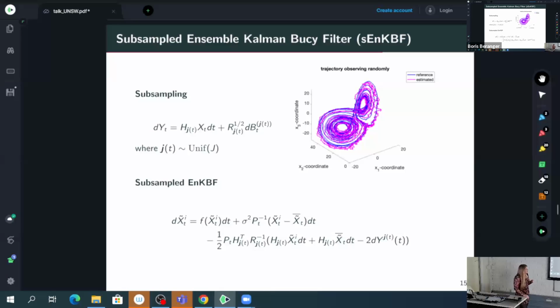From the application point of view, this is becoming more and more relevant because stochastic gradient descent was developed out of the necessity that it was too much data and you just couldn't use all of it.